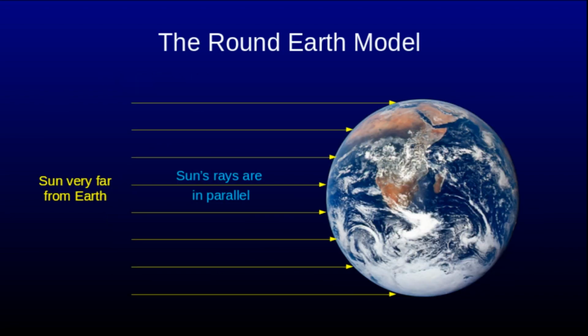When looking at the round Earth model, the Sun is so far away from the Earth that we can assume that the rays of the Sun are all in parallel as they reach the Earth. This means that the angle between various sun rays is essentially zero. This is not really true, because the Sun has a finite distance away from the Earth, and it also has a finite size.